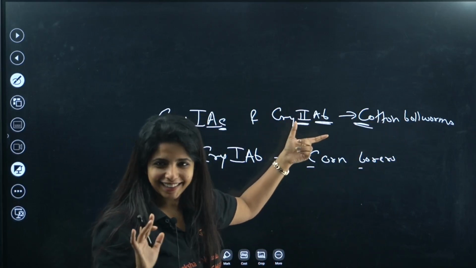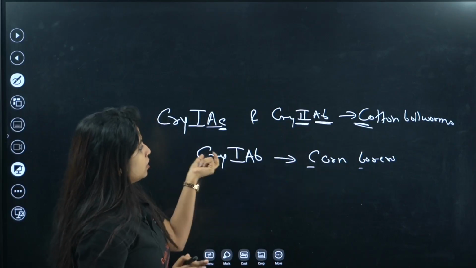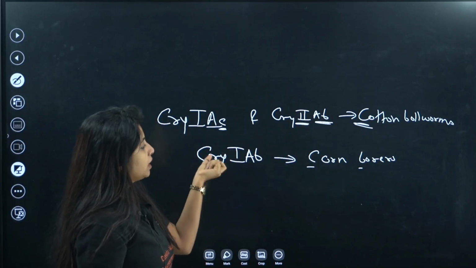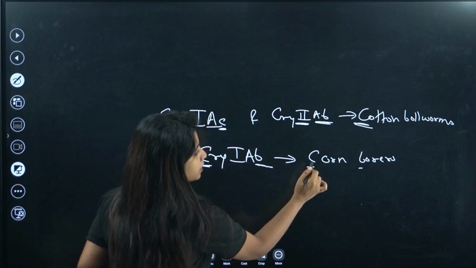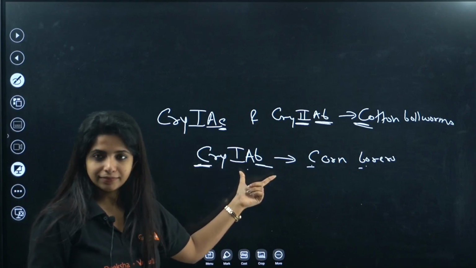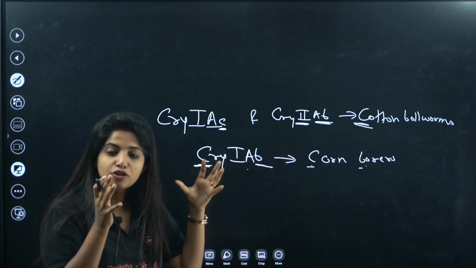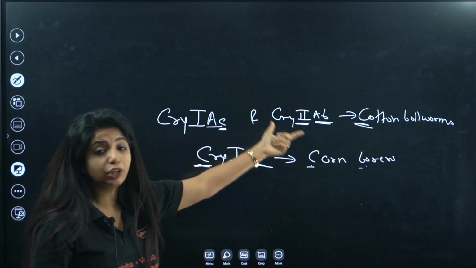You can remember like that, just for fun. Now over here, how do you remember corn borers? Suppose in the exam I write cry1Ac. Don't write that because over here remember C and B. So corn borers, first letter, last letter, and the name is short. Cotton bollworms, think of the name to be long, which is why you need two of them.